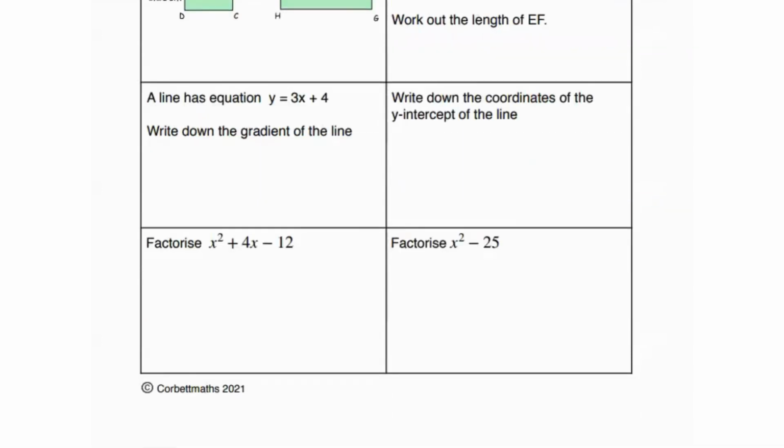A line has the equation y equals 3x plus 4. Write down the gradient of the line. Slope-intercept form is y equals mx plus c, where m is your gradient and c is your y-intercept. So the equation we have is y equals 3x plus 4.